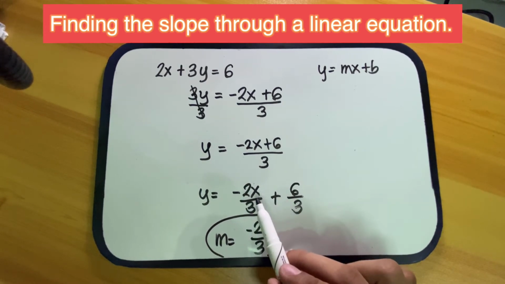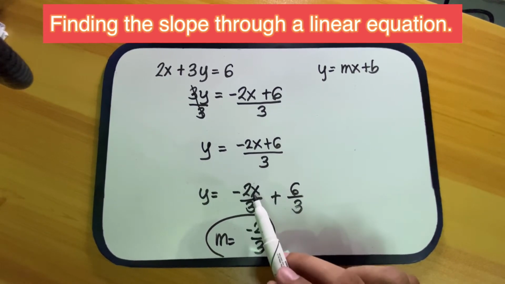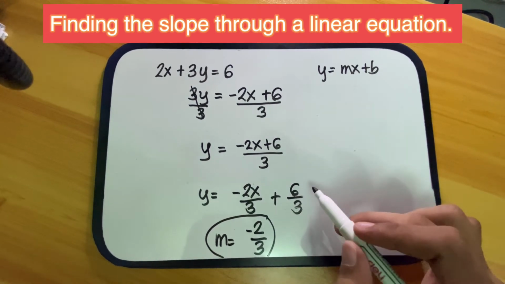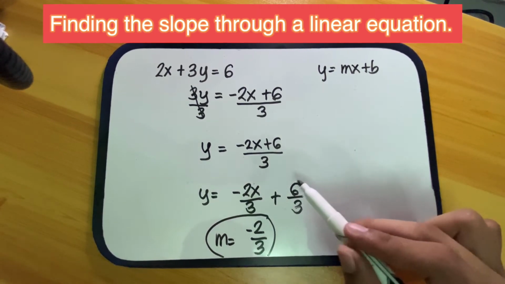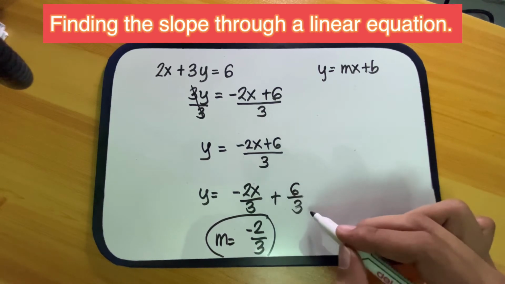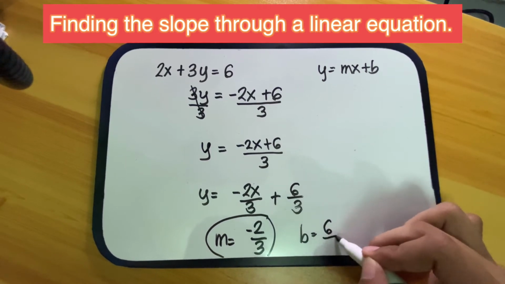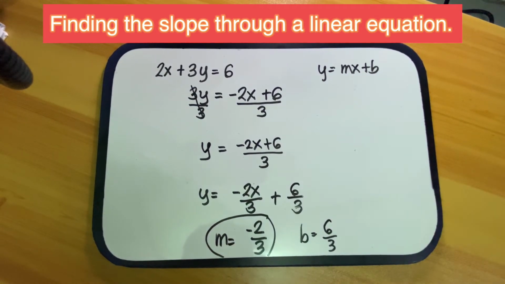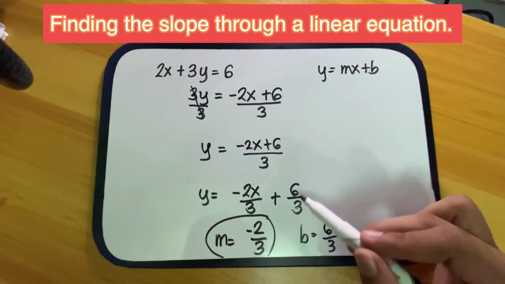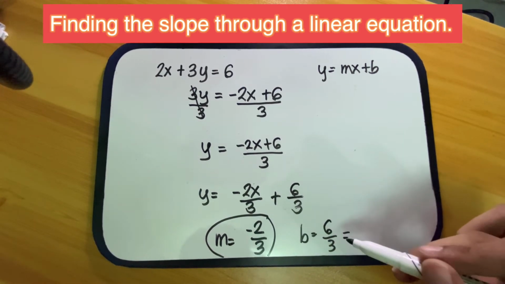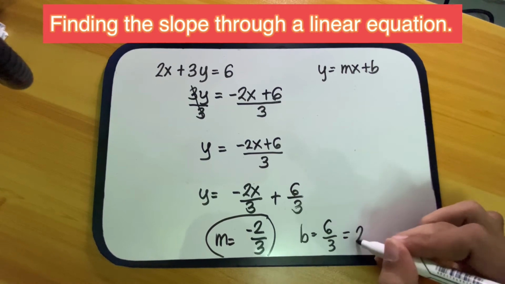Don't copy the x, because the slope is the number before the x. Now, if you ask what 6 over 3 is, 6 over 3 is what we call our b, and b is the y-intercept. So b here is 6 over 3, and we can reduce this: 6 over 3 is equal to 2.